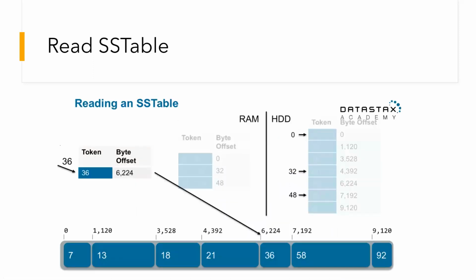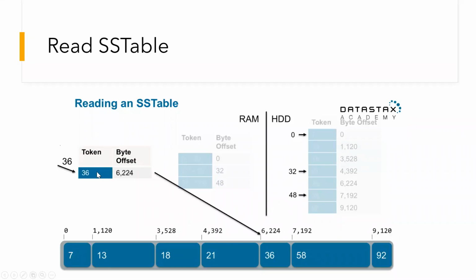This is one of the samples, where the bottom is the access table, in which you have the offsets defined for each partition key token. The request comes in, it checks the key cache, finds 36, and goes to that particular offset, fetches the data, and serves the read.